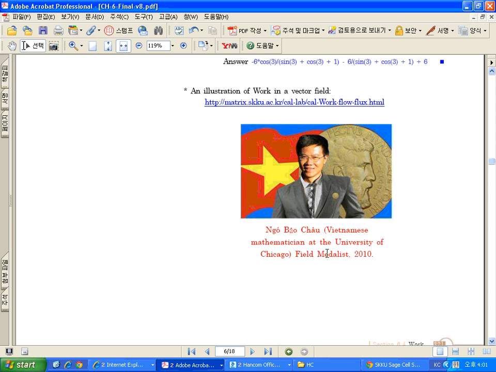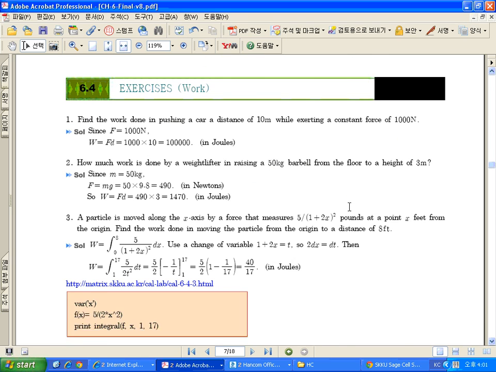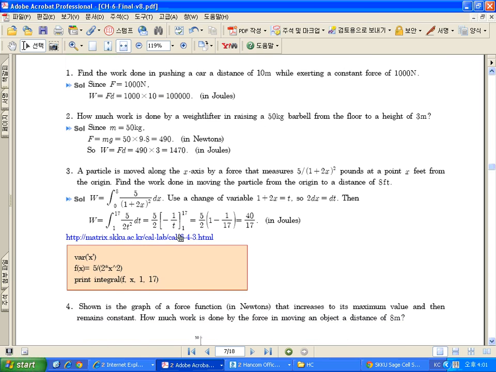And this photo shows one of the recent Fields medalists who was Asian. Okay, here are some exercise problems that you're supposed to do.